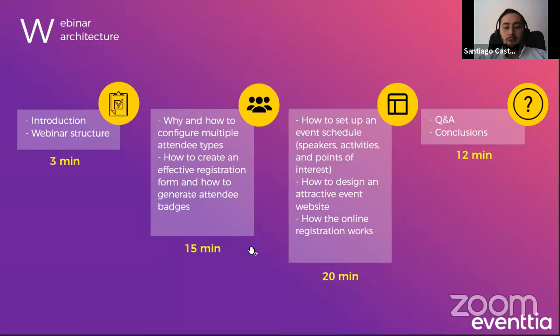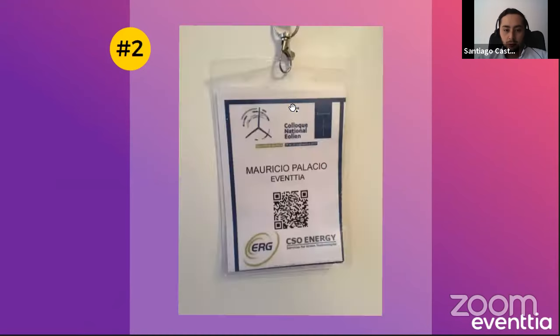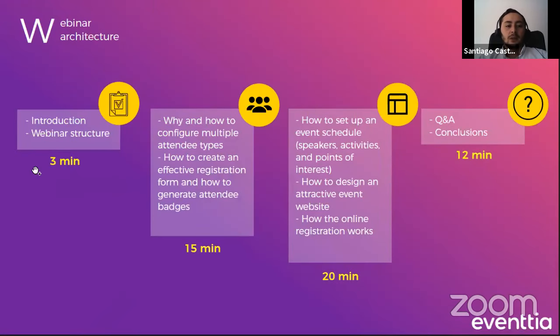So I'm going to explain a bit about what we're going to do today, and then we'll get into that. First of all, I'm going to show you the webinar structure. We're going to learn how to configure multiple attendee types, create effective registration forms, and generate attendee badges.